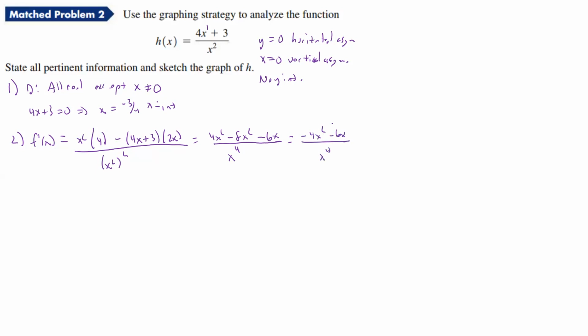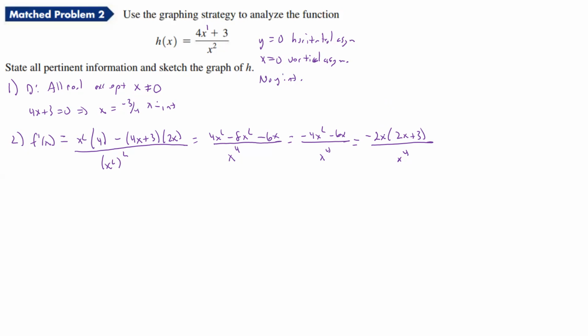All right. Let's go one step further. Let's factor out a negative 2x, and then that leaves us with 2x plus 3 over x to the fourth. All right, so what do we have? Well, if we want to look for our partition numbers, we set each of these equal to 0.